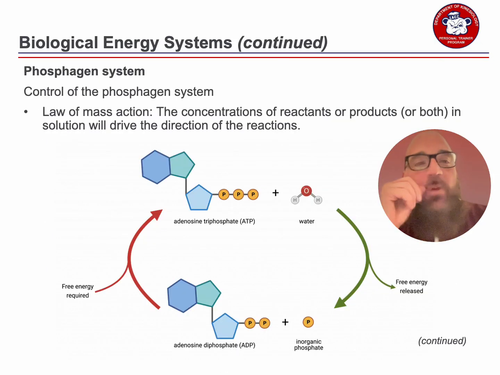So what do we have next? We have the phosphagen system, and we can see how it operates. So let's look at this. At the top, you see adenosine triphosphate and some water, and then on the right-hand side, we use it, and we see one of those phosphates break off. So we see that inorganic phosphate floating around, and what we have left is adenosine diphosphate.